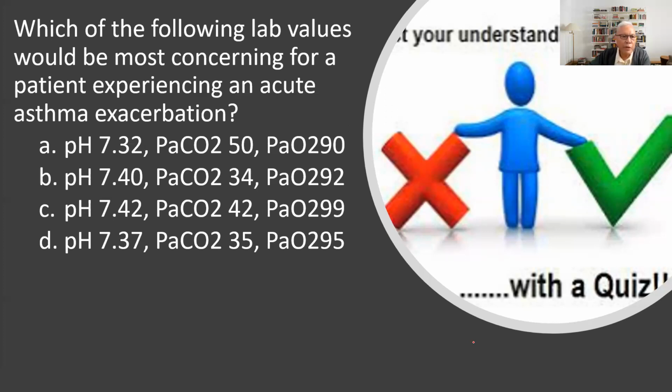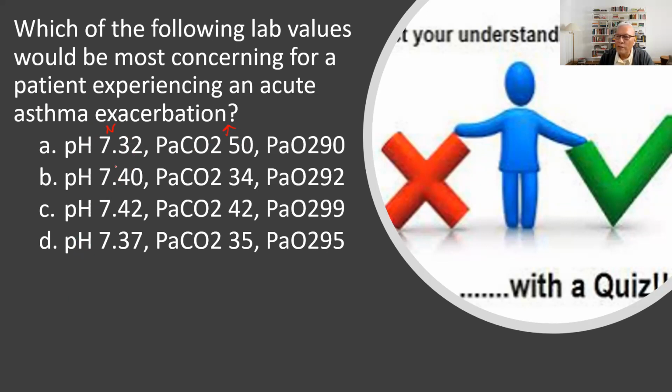I really am very impressed with the way in which you're responding. Okay, so let's examine the pH. The pH of 7.32 is normal. The PCO2 of 50 is, of course, elevated. All right. So we have here a fully compensated respiratory acidosis.